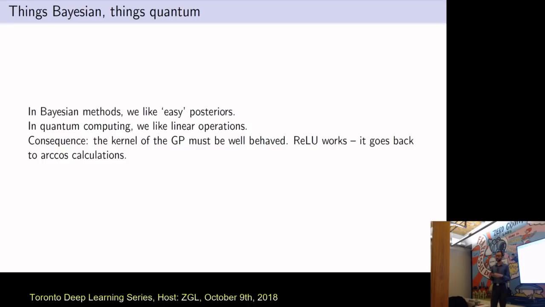A quantum calculation is unitary, which is quintessentially linear. So every time you want to introduce some nonlinearity, that's very tricky. So thinking in these 2 terms, you have to be very, very careful how you pick your covariance function for the Gaussian process.